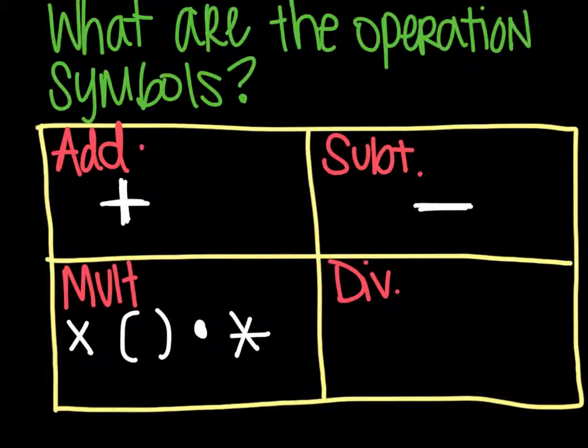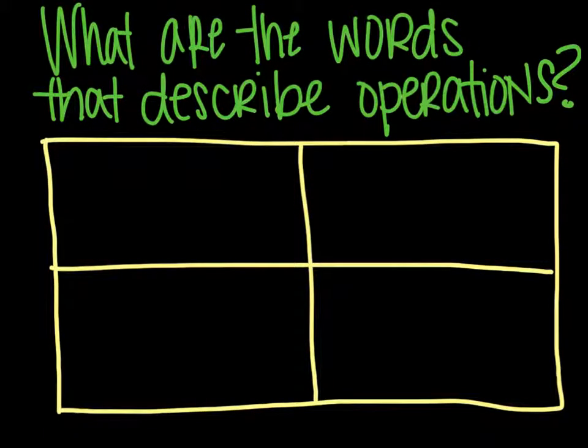All of those things will represent multiplying. Dividing is their typical division sign. Can also be a fraction bar, just a straight line, or it can be a slanted fraction bar. That also means division.